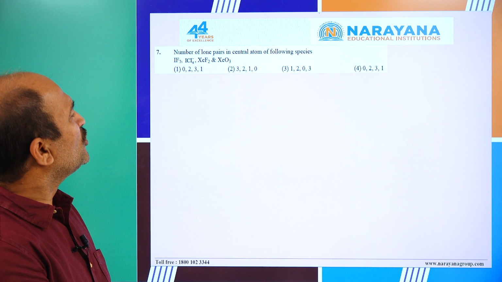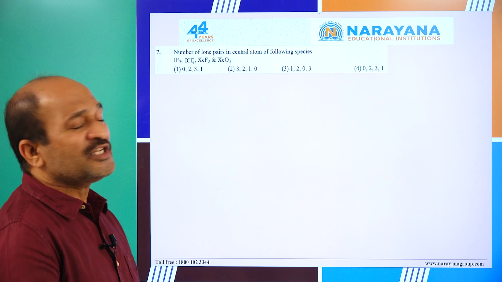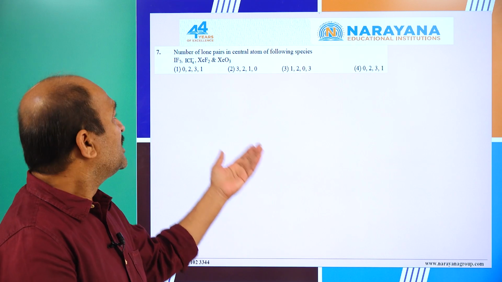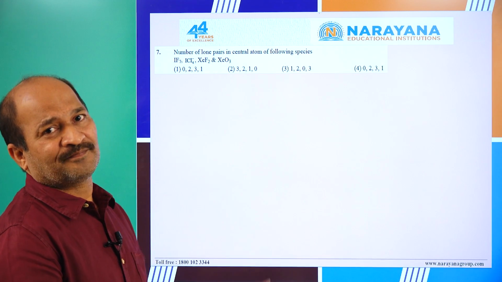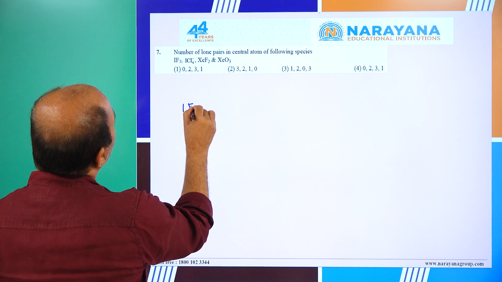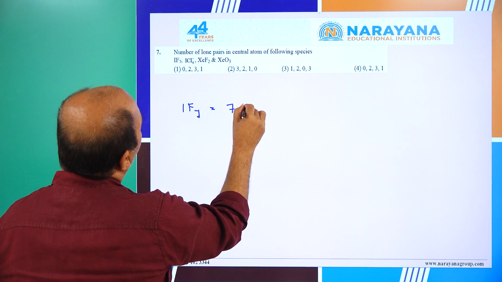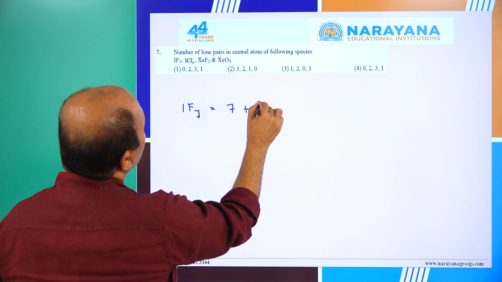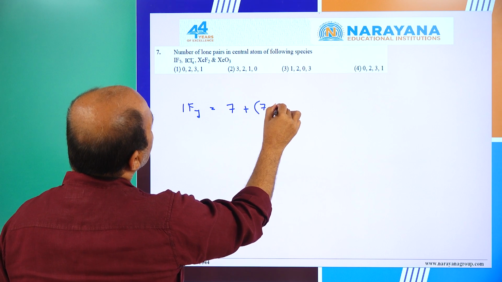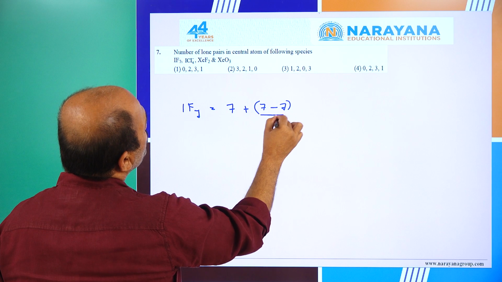Here, the number of lone pairs in the central atom of the following species. It is also an easy question, but here the NTA is testing the student's perfection. Go for IF7. How many surrounding atoms? 7. How many valence electrons for the iodine? 7. Minus the bonded electrons, 7 by 2.